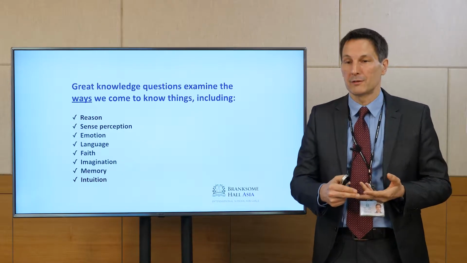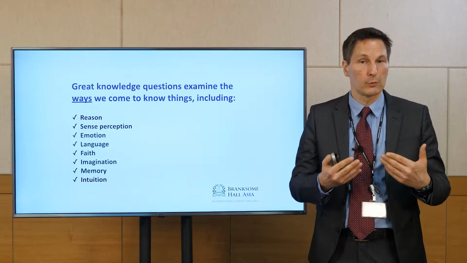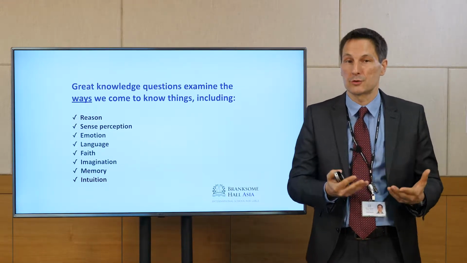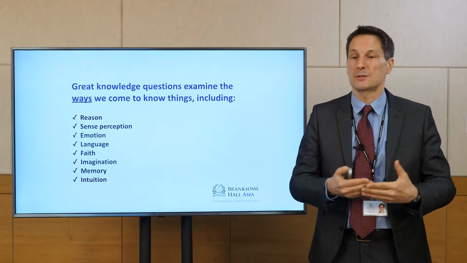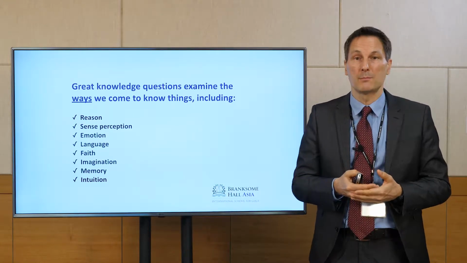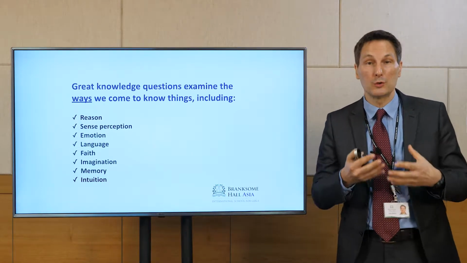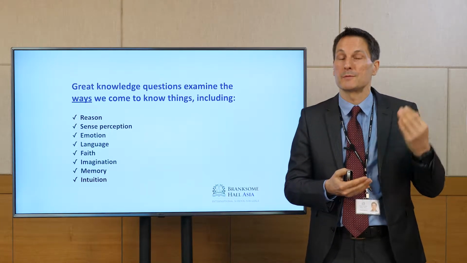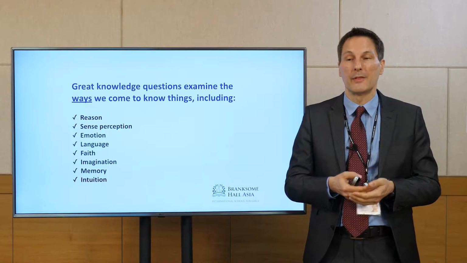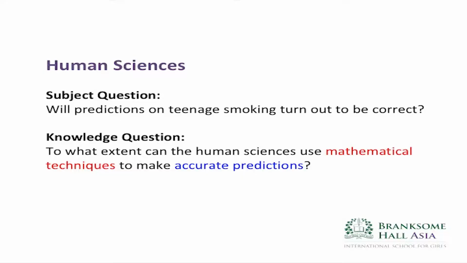Language, faith, the role of imagination, especially in the arts, or for example, when we are analyzing a piece of literature or a poem, we use our imagination to understand and to bring meaning to the text. Memory is very important. If we think about history and we think about the eyewitnesses that we use in history to verify events that happened, memory becomes a very, very important way of knowing. And then, of course, intuition is something we use across the different subjects.